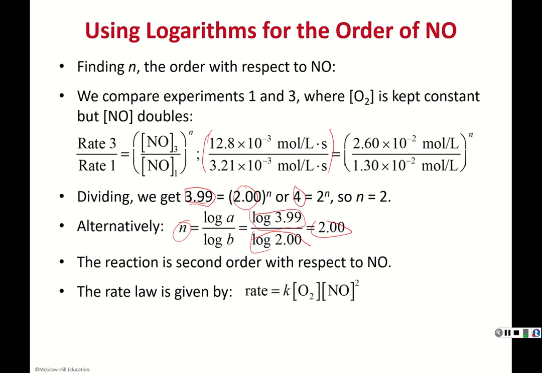So again, this is second order with respect to NO, and the total rate law is given by k times O2 to the first power times NO to the second power. So this is third order overall.